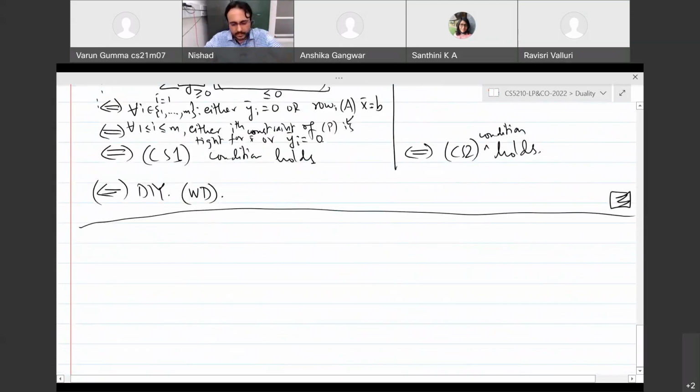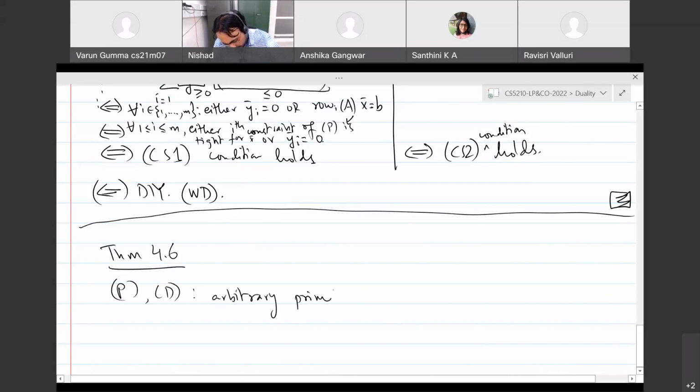So that's the complementary slackness theorem. I want to write down the general form, and then we'll conclude the lecture. So P and D is any primal dual pair, arbitrary. By arbitrary, I mean it's not in any special form.